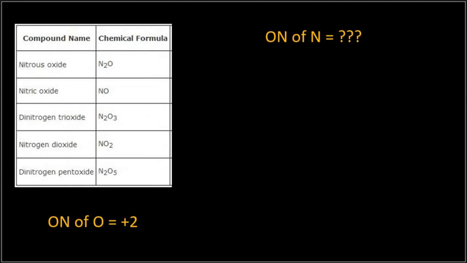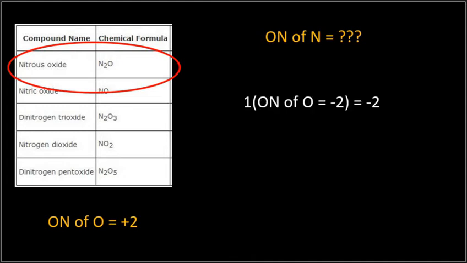Okay, first off, let's look at nitrous oxide, N2O. Again, we know oxygen is not a +2, but is a -2, as is written there, and we know that it needs to equal 0. Okay, we can look at this. We know we have 1 oxygen. It's -2. The total is -2.